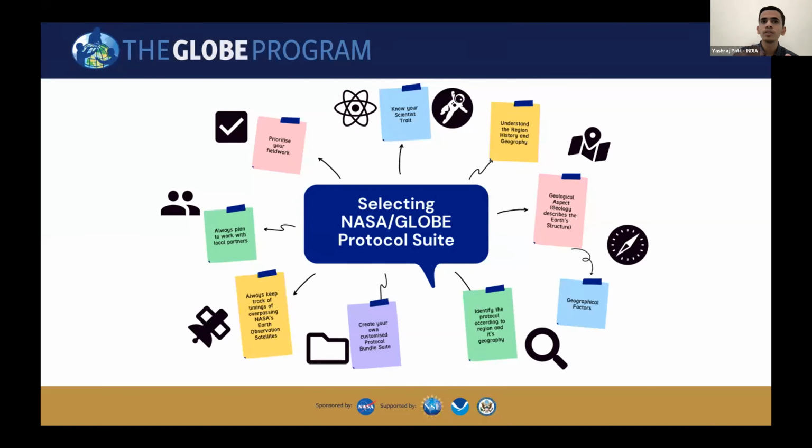Prioritizing the field work means you must prioritize which protocol you need to implement first. If you are at higher altitude or at higher heights, you must first prefer the landform, because from the more advanced heights, you could get proper data collection of the landforms compared to the lower heights. So in this way, you must prioritize your field work.